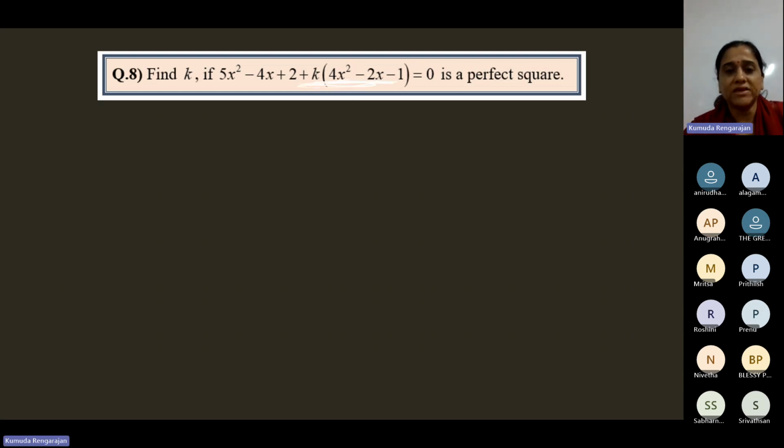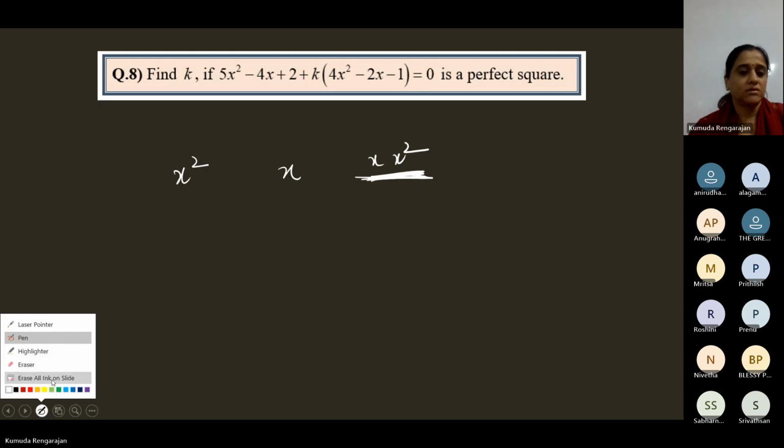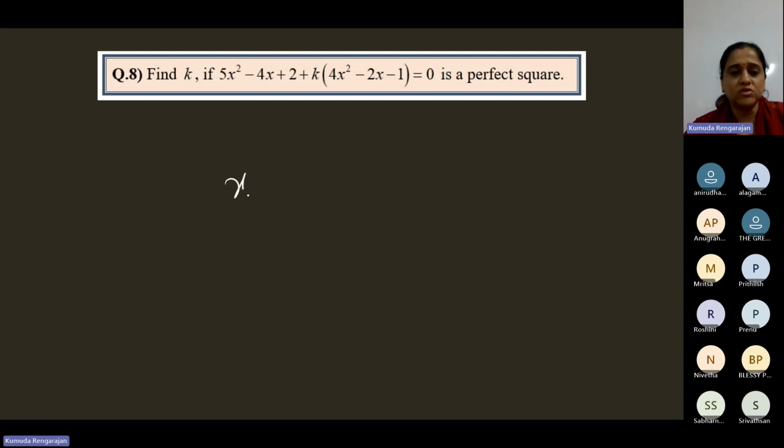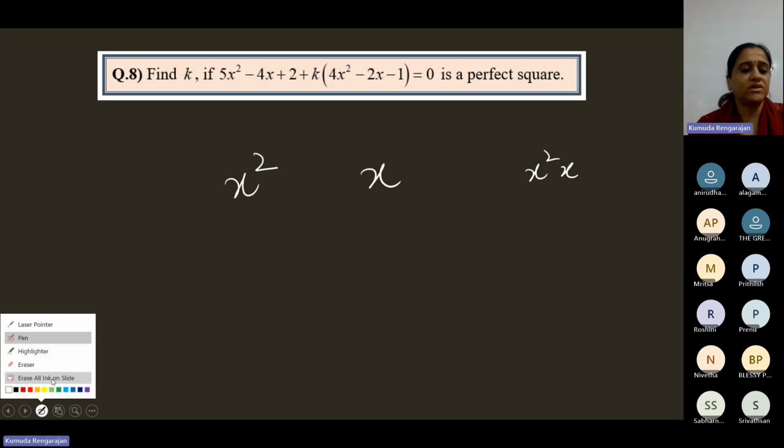Why? Because this bracket has x squared and x terms in it. There should be three terms: one x squared term, one x term, and a constant. How do you identify a constant? It should not have x or x squared in it. The first term should be an x squared term, the second an x term, and the third should not have x squared or x, so that's the constant. Now look at this equation.